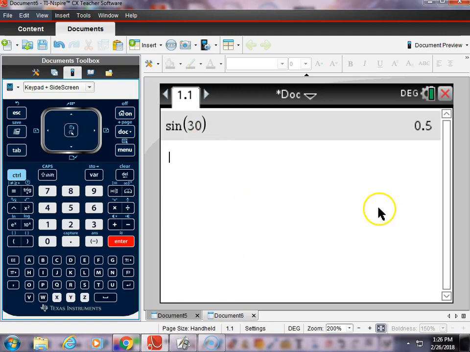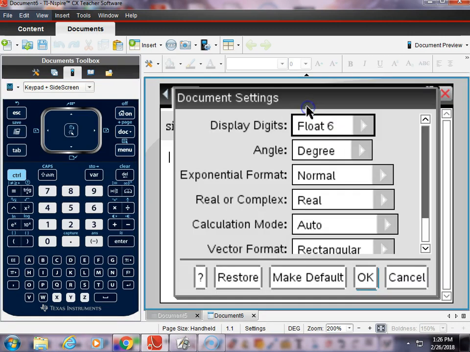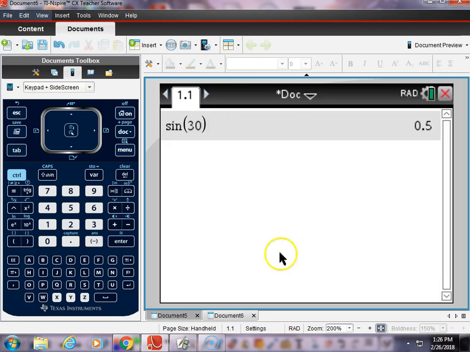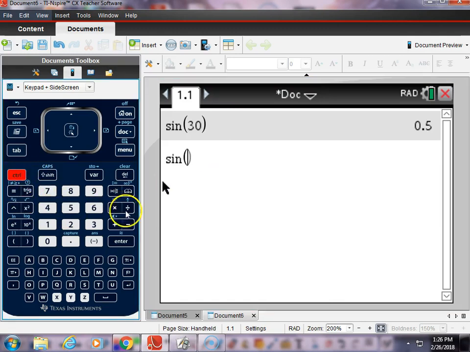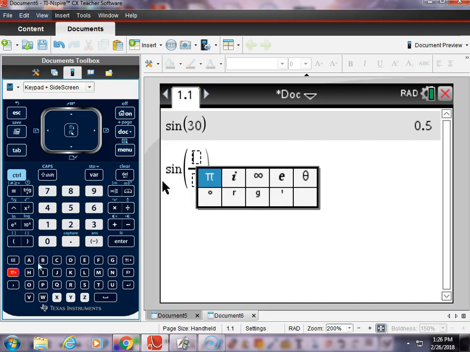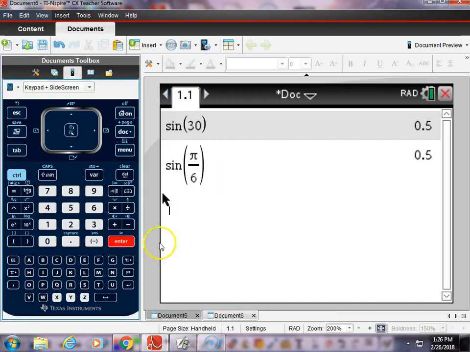So if they asked you to find a trig value in the problems in radians, you can just click up here, go to document settings, and change your angle to radians. And then you could find the same thing, the sine of pi over 6. And it's actually the same thing because these are equivalent. This is in radians, this is in degrees.